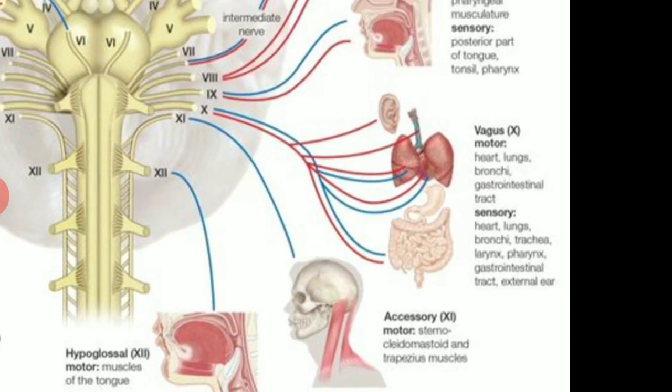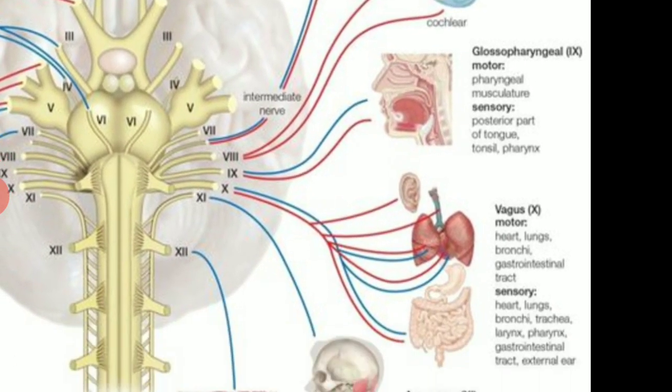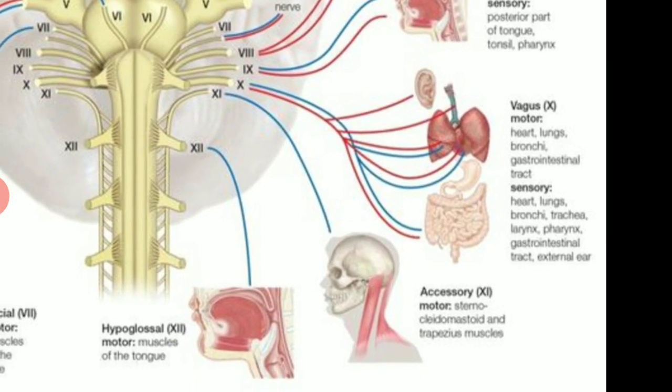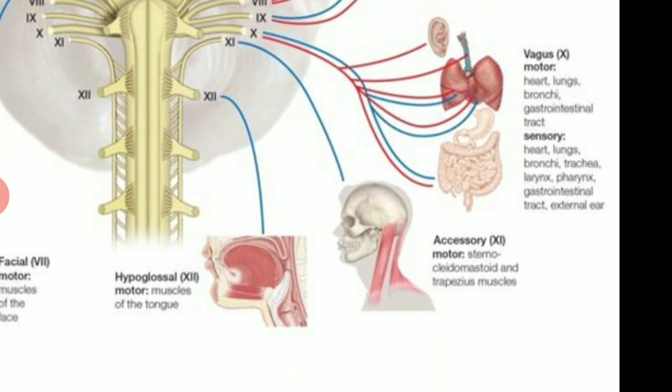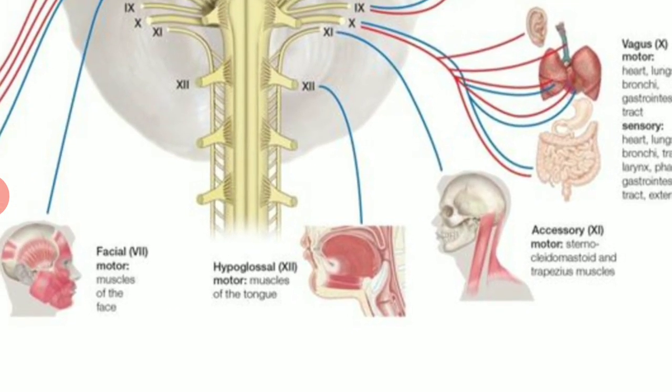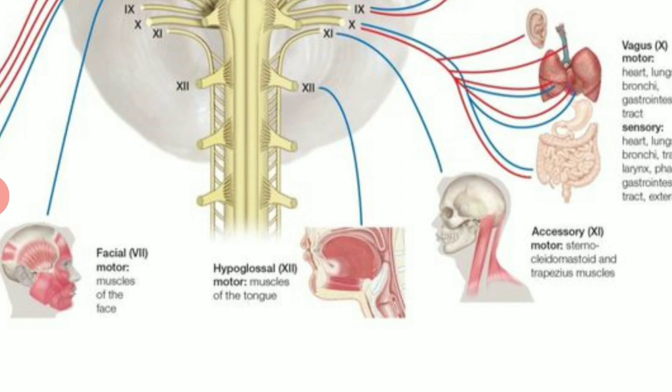Vagus, 10th cranial nerve, heart, lungs, bronchi and GI tract. Then 11th spinal accessory, which supplies the muscles of neck like sternocleidomastoid and trapezius. And 12th cranial nerve is hypoglossal, muscles of tongue. It supplies the muscles of tongue.